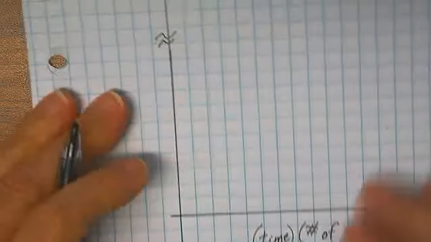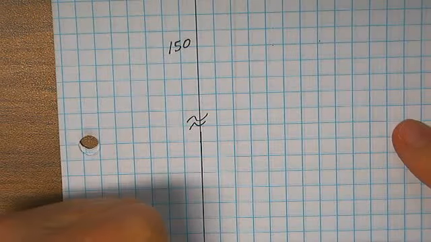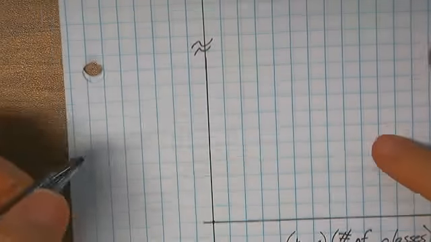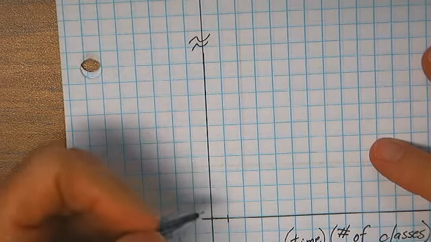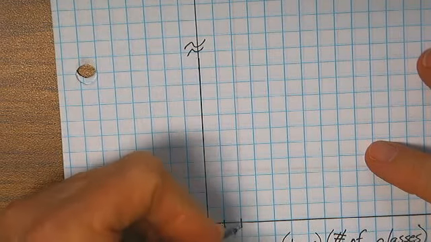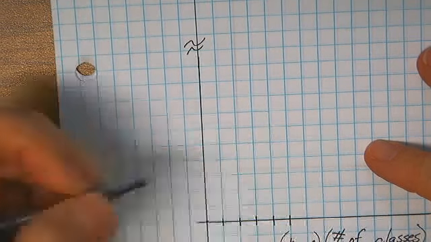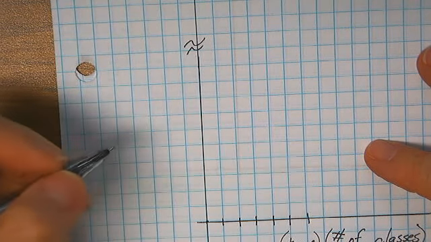So he begins, before he's had his first class, with 150 pages. At the end of 1 class, he's used 2 pages. At the end of 2 classes, 3 classes, 4 classes, 5 classes, 6 classes, and so forth.